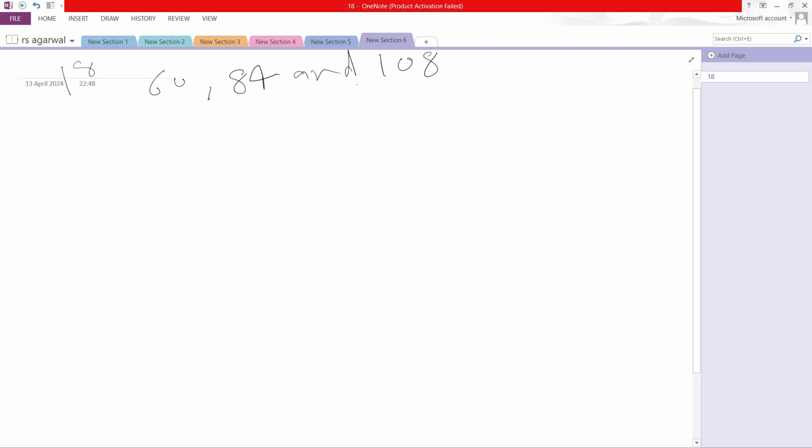So let's see, 60 is equal to 2 square into 3 into 5. After that 84 is equal to 2 square into 3 into 7. Next is 108.